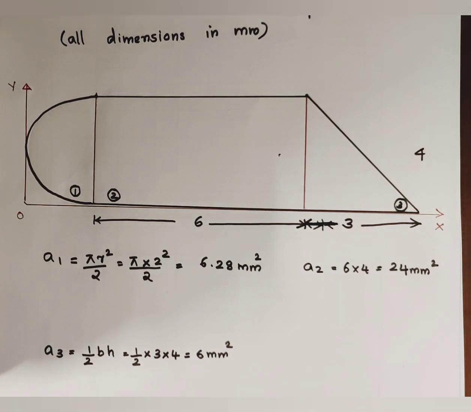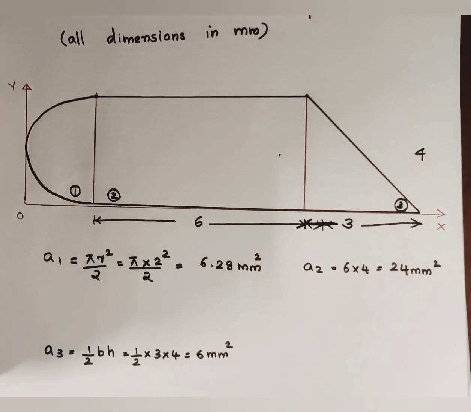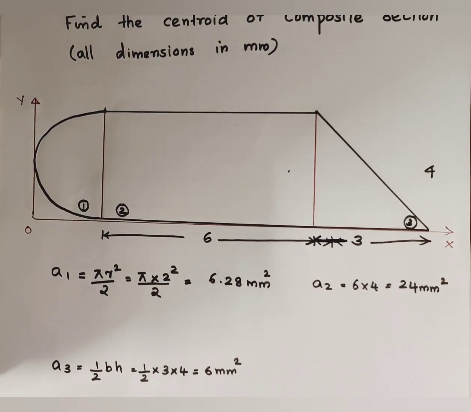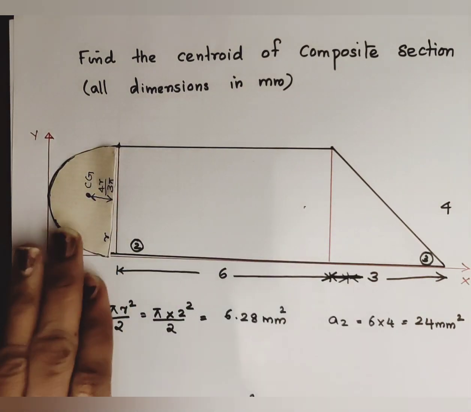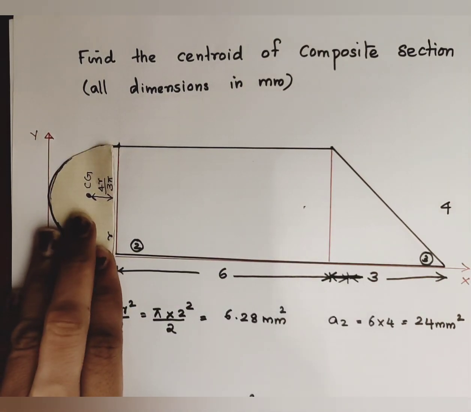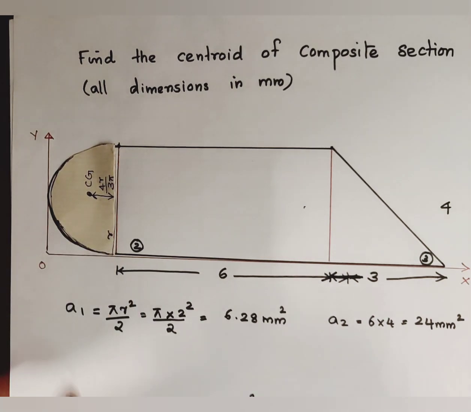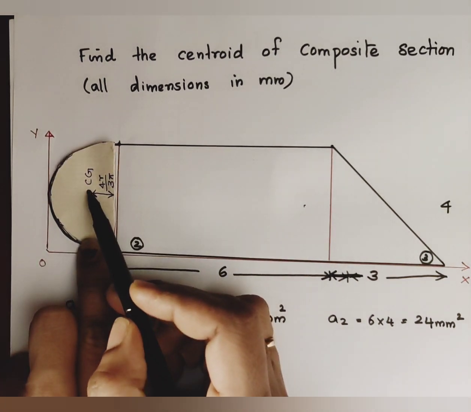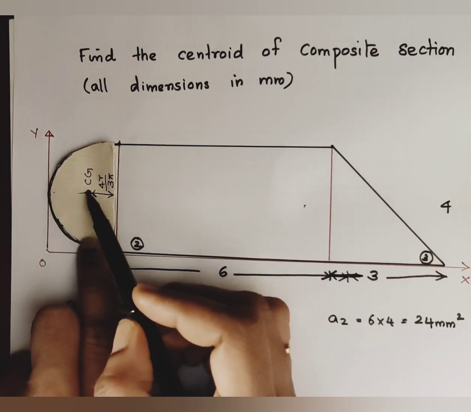Now the next step is to find the distance of the centroid. We are taking the semicircle. Now we have to place the semicircle like this. The distance of the centroid from the reference axis OY is this distance.